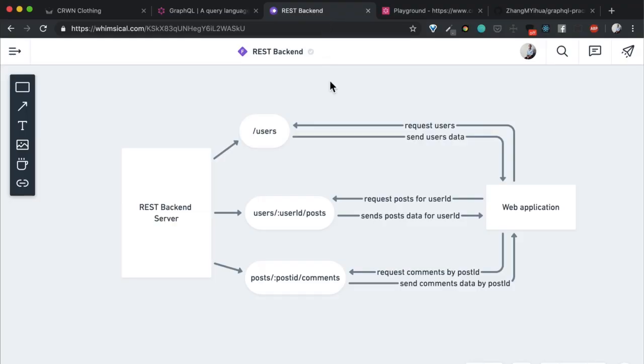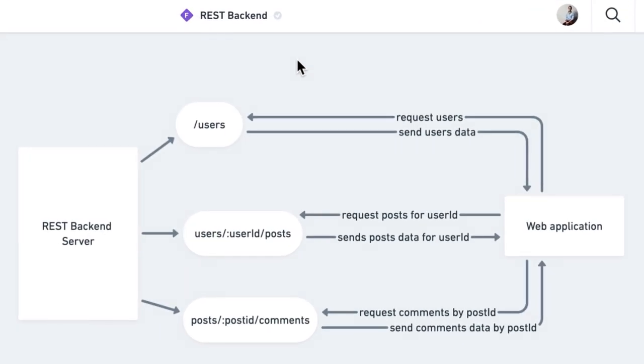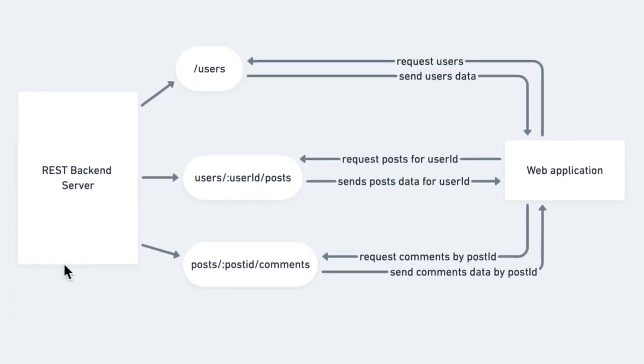If we look back at this diagram, what it represents is a typical REST backend server. A server will expose different endpoints that have different things they can do when you, on a front-end application or client, make some kind of request to it.